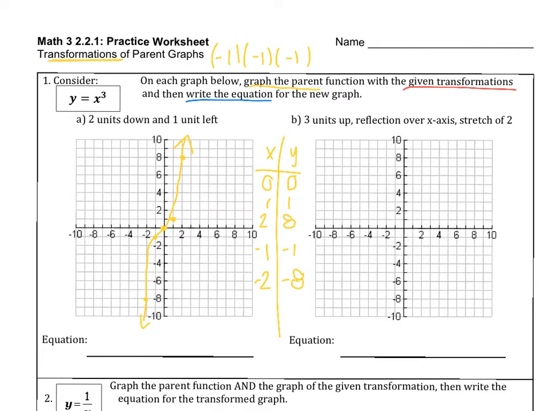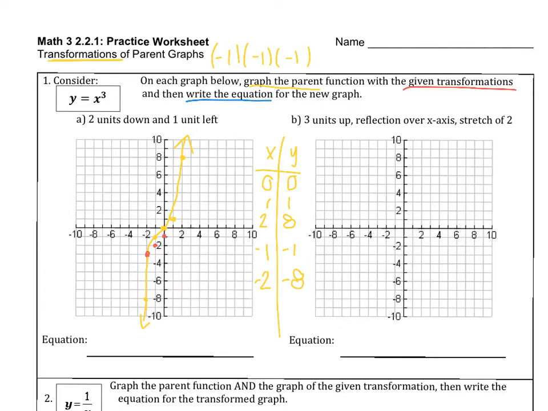So I'm going to shift down 2, left 1. I'm translating the point -1, -1 first. And that will end up right here. Now I'm going to transform the point 0, 0 down 2, left 1, the point 1, 1, down 2, left 1. So now I have those 3 points.